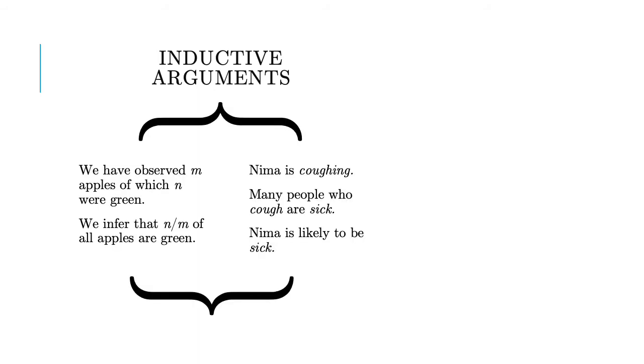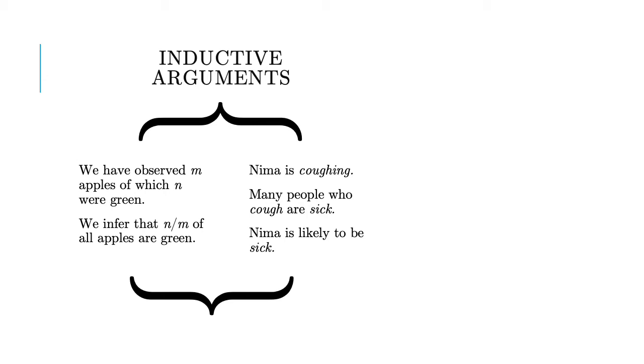Good. Now let's move on to inductive arguments. The examples that we can consider are, right, one in which we've observed from some batch of apples that out of M of them that we've collected, imagine out of 20 of them, 10 of them were green, and we infer that from the entire batch of apples, all of whom we've not yet observed, the same fraction are green.